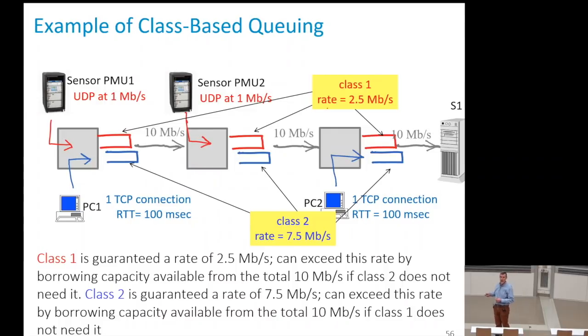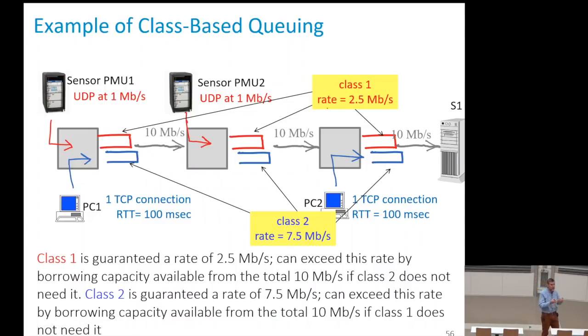What could happen? Well, in principle, that should never happen, but if for whatever reason there is a bug in this sensor and it's sending at full rate at 10 megabit per second, then the red queue here will overflow, will lose a lot of packets because it will guarantee only 2.5 megabit per second at the output, and it must guarantee 7.5 to the blue. So therefore, it will serve that queue at only 2.5 megabit per second.